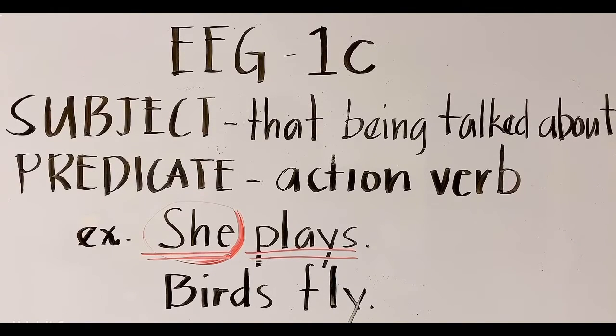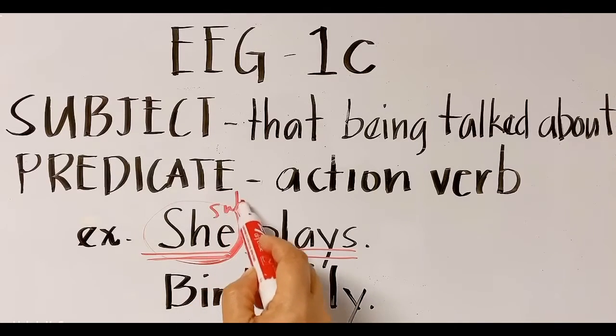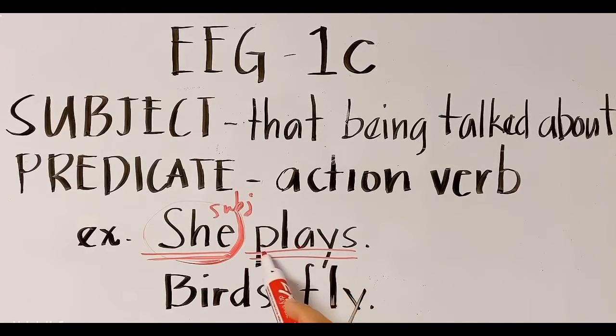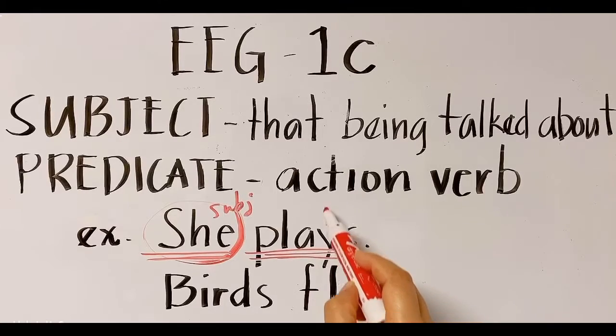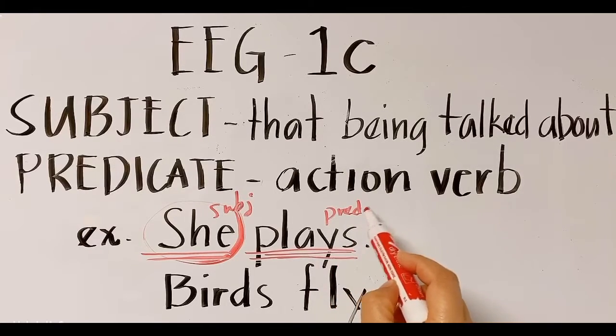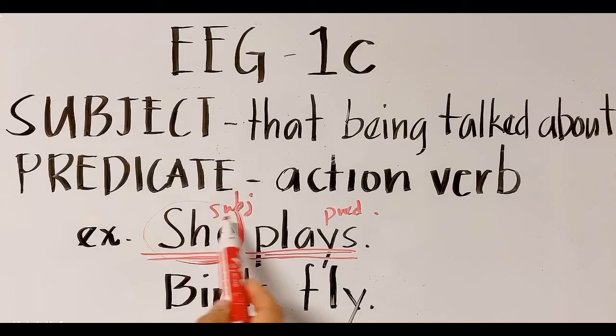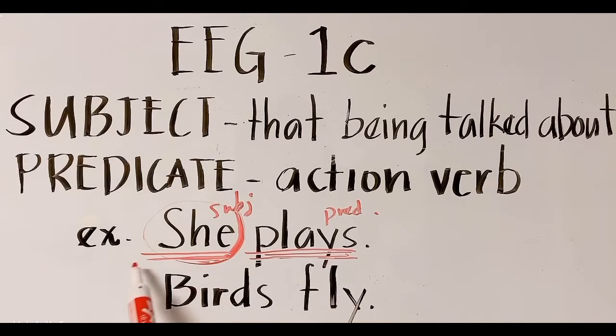She plays: the subject is she, and the predicate is plays. It's a simple sentence, but it has a subject and a predicate, so it conveys a complete meaning.